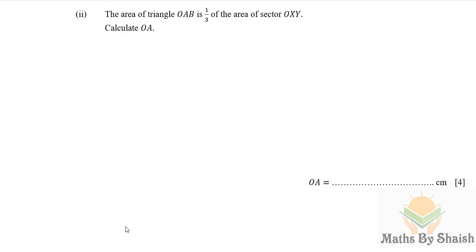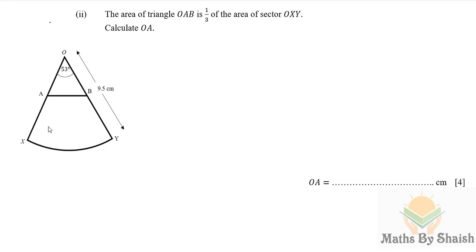The second part is: the area of triangle OAB is 1/3 of the area of sector OXY. Calculate OA. Before that, I'll bring the diagram here. The given condition is the area of triangle OAB. We know that OA equals OB, so we can take OA equals OB as x.